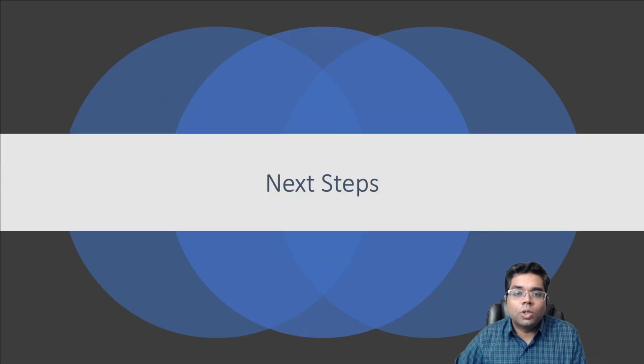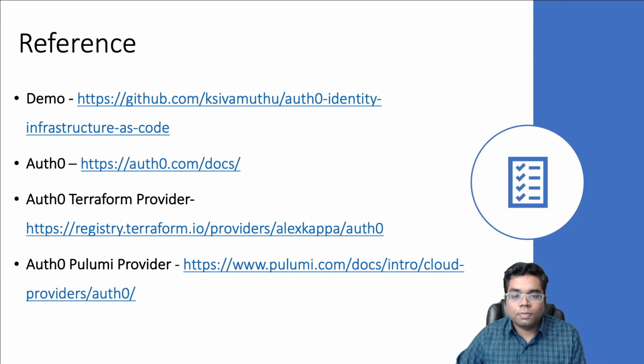So we have seen the demo. In this one, we have seen what infrastructure as code is and what the benefits of using it are, and how we can set up Auth0 identity infrastructure as code, and how the management API is the base foundation framework for all these tools.